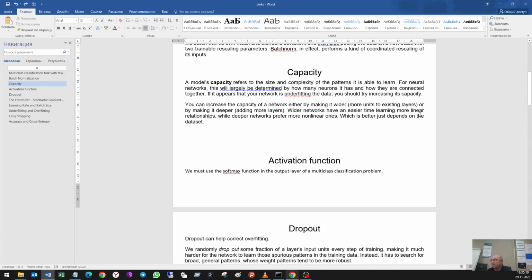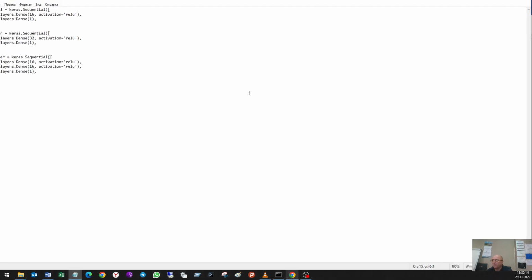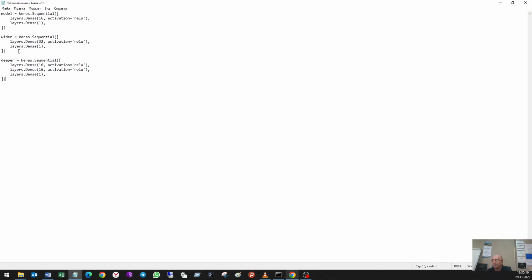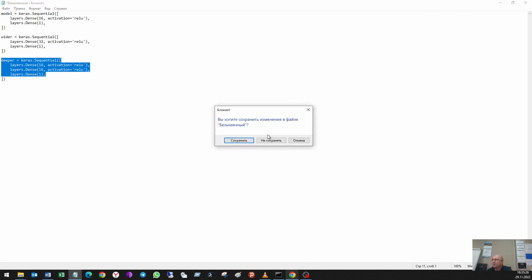Which is better just depends on the data set. Hard to understand, but here is a wider example, and here is a deeper example, with more layers, and here is more nodes. Okay.